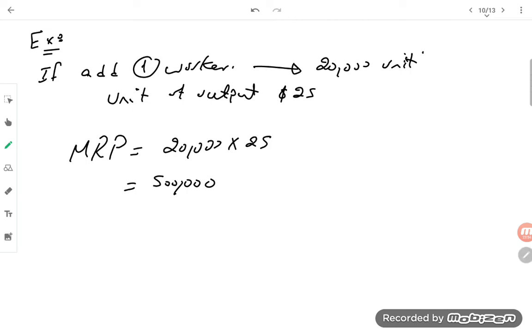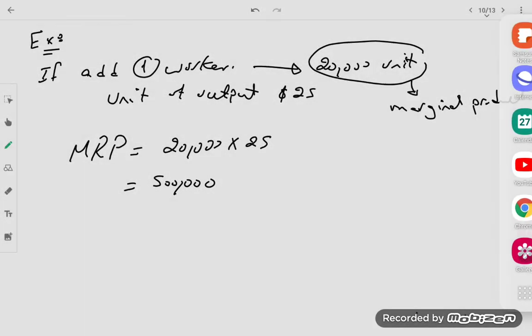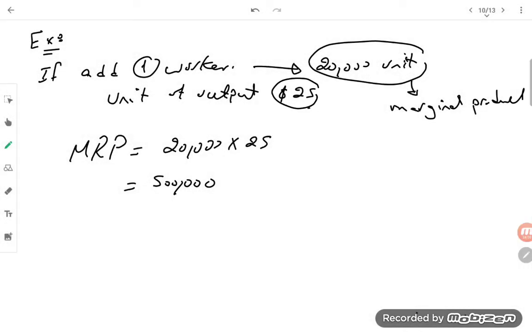So this is the marginal productivity of labor, and this is the marginal revenue.